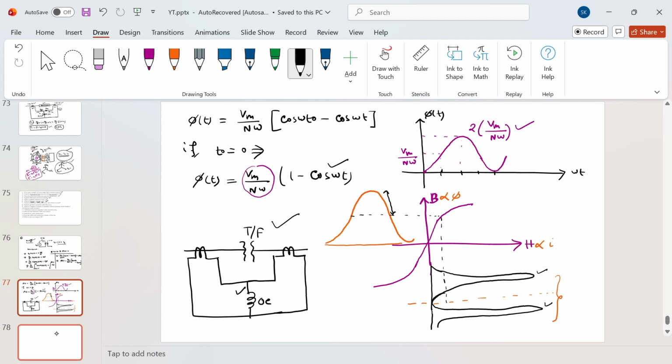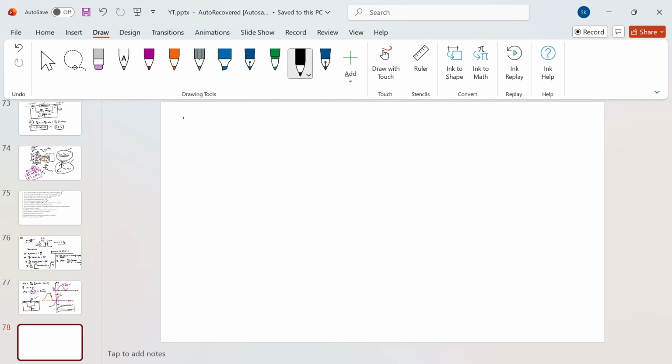But what has been observed is that this inrush current contains a significant amount of second harmonic, around 30 to 40% second harmonic.